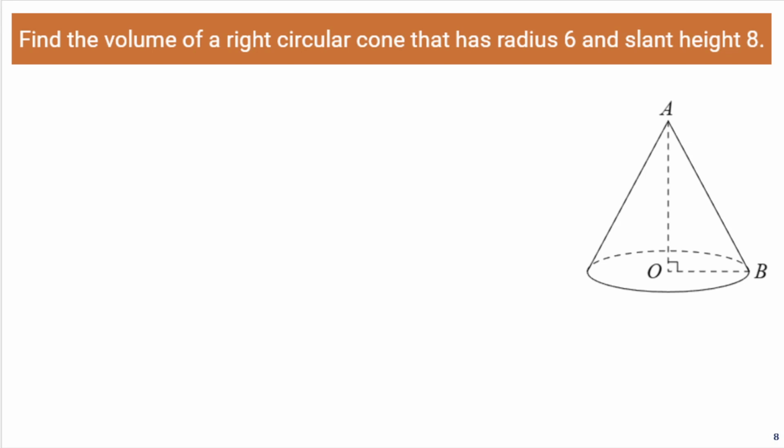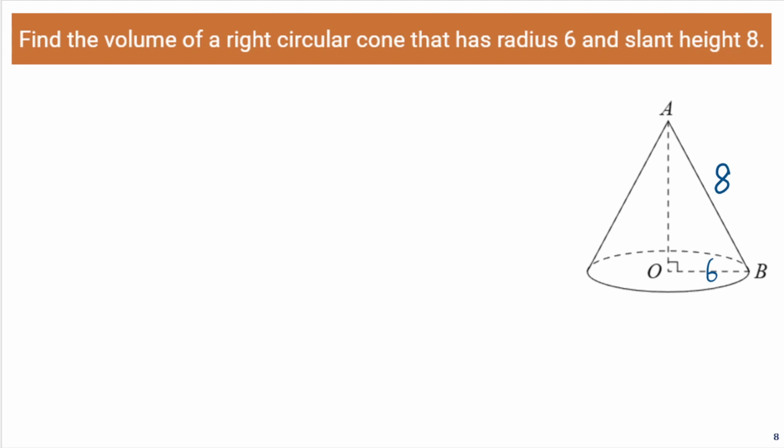We can draw AO, the axis of the cone, and connect A and O to B, a point on the circumference of the base. Since OB is the radius and AB is the slant height, we have AB equals 8, OB equals 6.